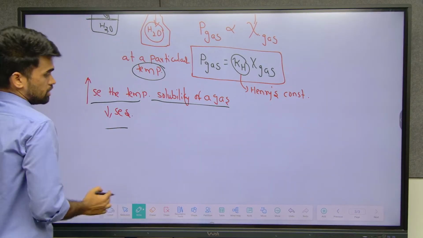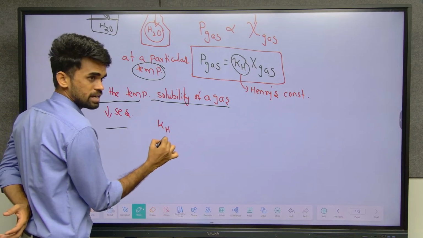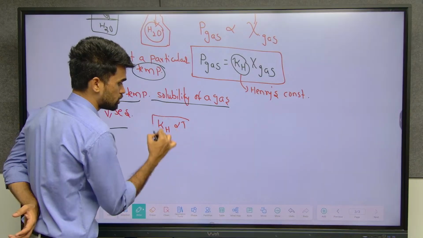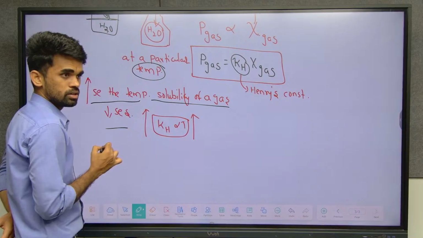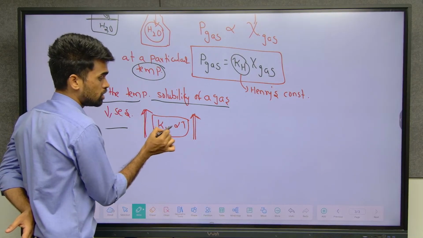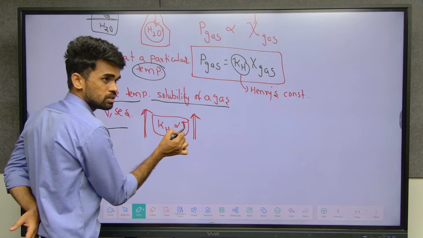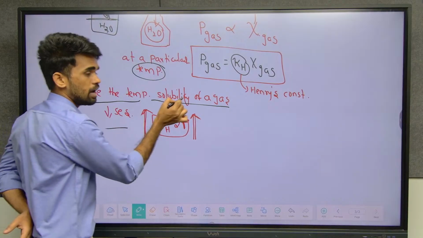Right. Now the value of KH is directly proportional to T. If you increase the temperature, what happens to KH also? Increases. So high temperature, high KH and low solubility.